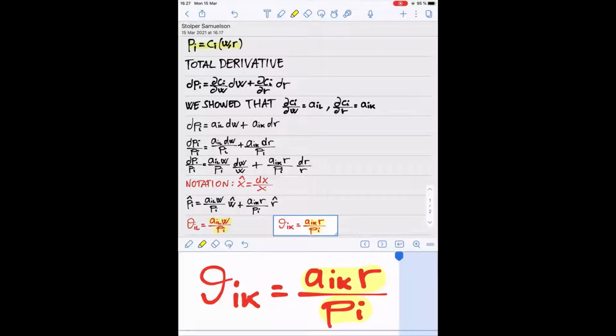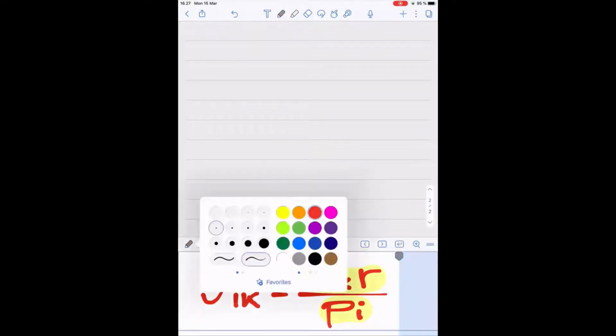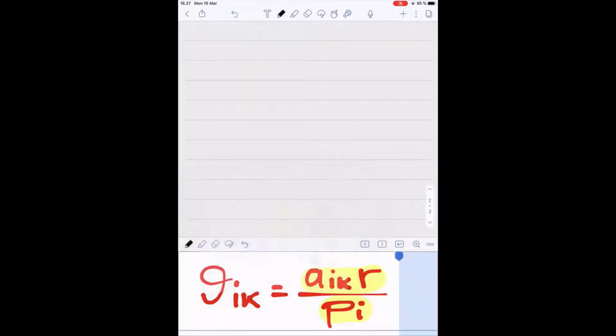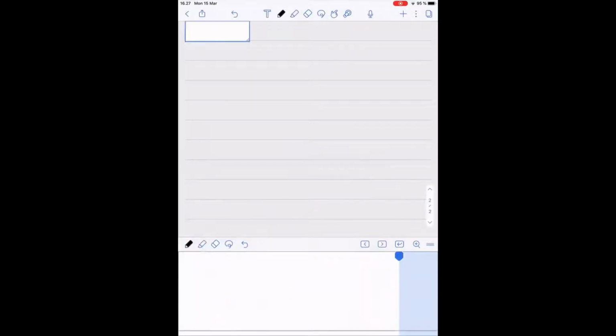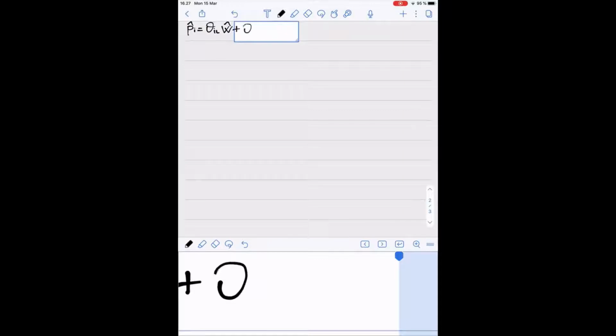Okay, excellent. So let me rewrite here how our pricing equation looks now. So we have that Pi hat is equal to theta IL times W hat plus theta IK R hat.